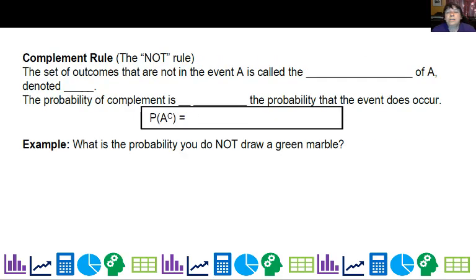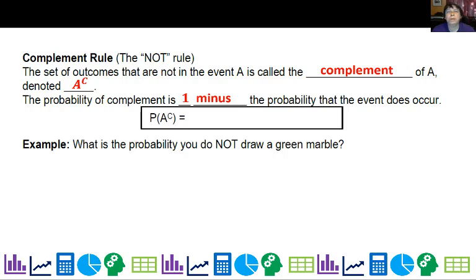So let's go ahead and talk about the probability of not getting something, and that's called the complement rule. The set of outcomes that are not in the event A is called the complement of A, and it's denoted as A^C. It can also be denoted as A prime, so you might see that sometimes, a little half quotation mark. Basically, the probability of the complement is 1 minus the probability of the event.